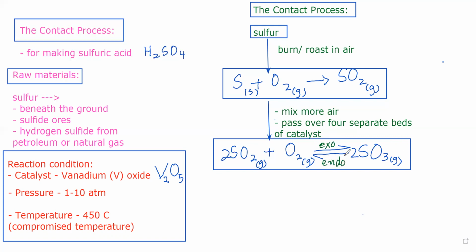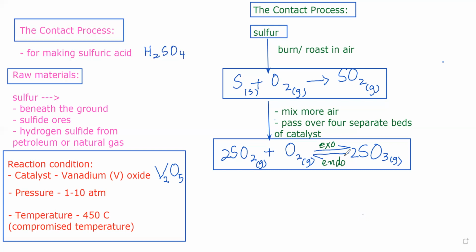Now, since sulfur trioxide has already been made, what is the next step? Ultimately, we have to go for making sulfuric acid. Because the reaction is exothermic, we are keeping the temperature quite compromised, quite low.